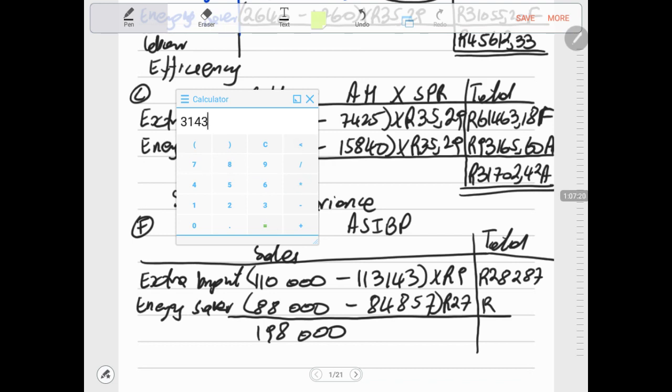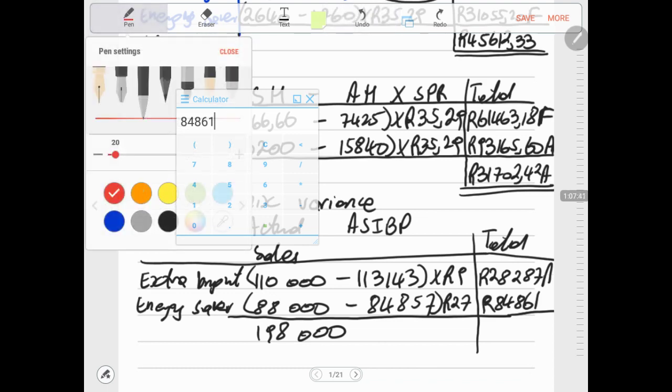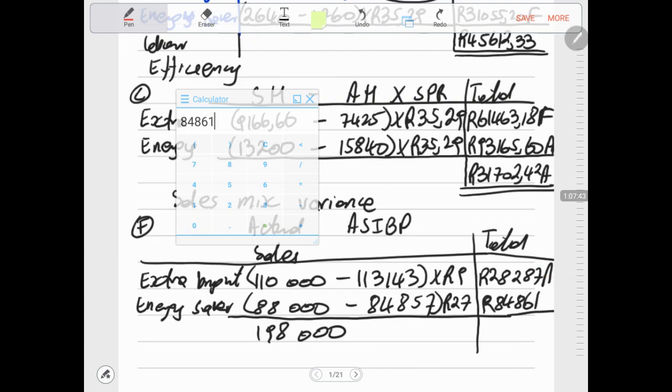Then equals, multiply that by 27. That is 84,861. The first one is an unfavorable variance, or adverse variance. Adverse variance. The second one is a favorable variance.